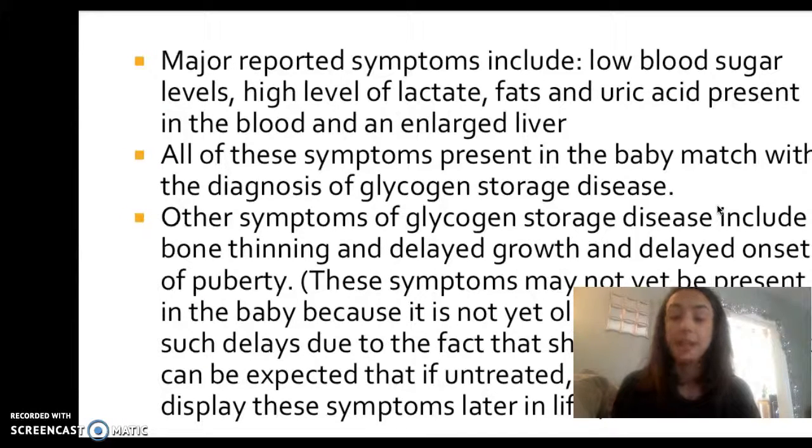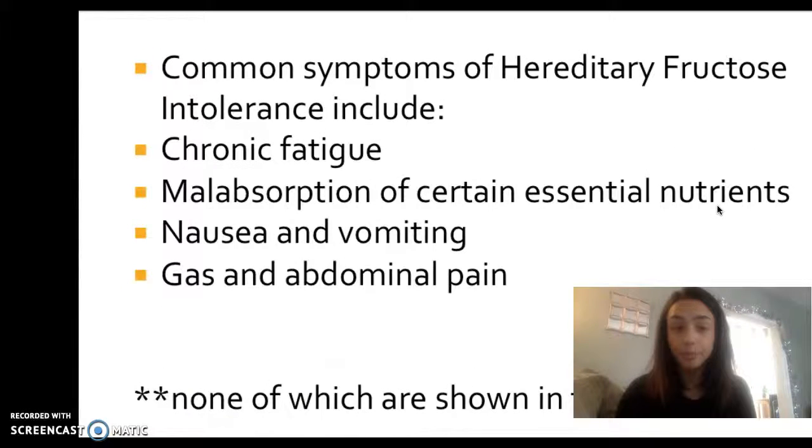I've read that that is a gradual process, and if the baby is extremely young, very close to newborn age, then this wouldn't have presented itself either. But if the disorder were to continue, the baby would likely display these symptoms later in life.